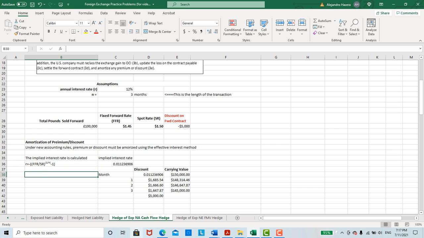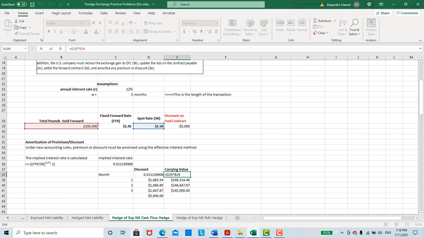And then the amortization table for the discount, all it is, you're going to take this applied interest rate right here, and start with your carrying value. And the carrying value is 150. It's basically the amount of your initial account receivable, which is 100,000 British pounds times the spot rate.